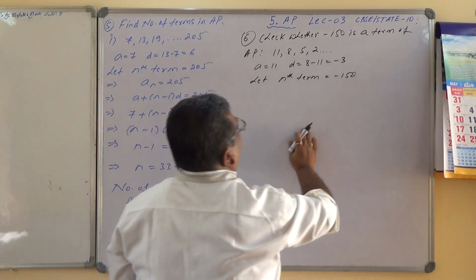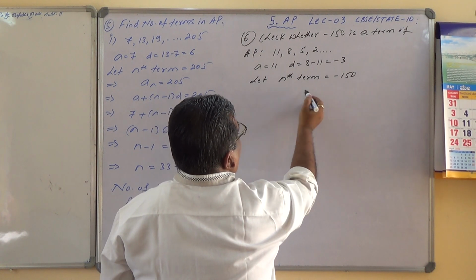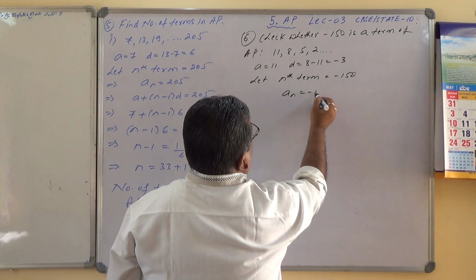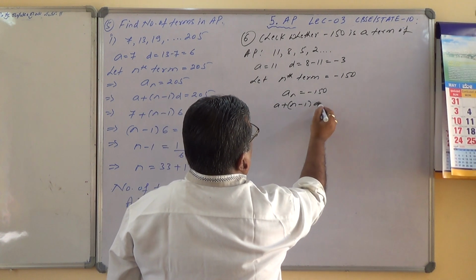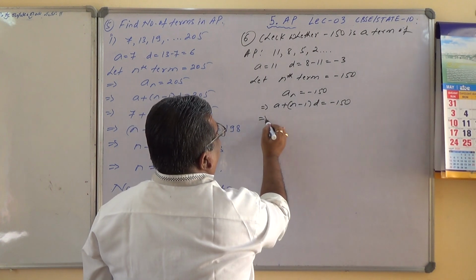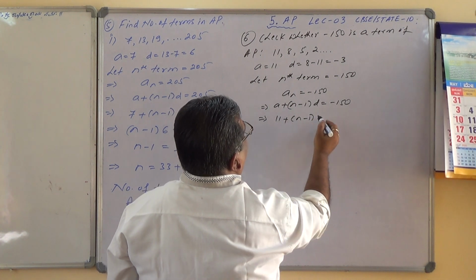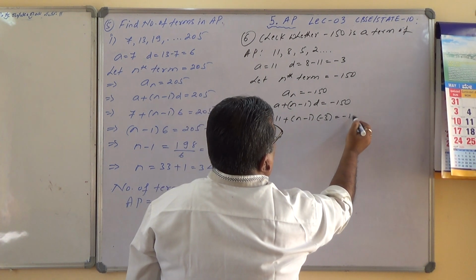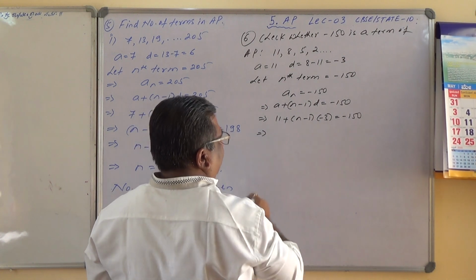So what is the formula for the general term an? An equals minus 150. A plus n minus 1 into d equals minus 150, which implies 11, and d is minus 3.